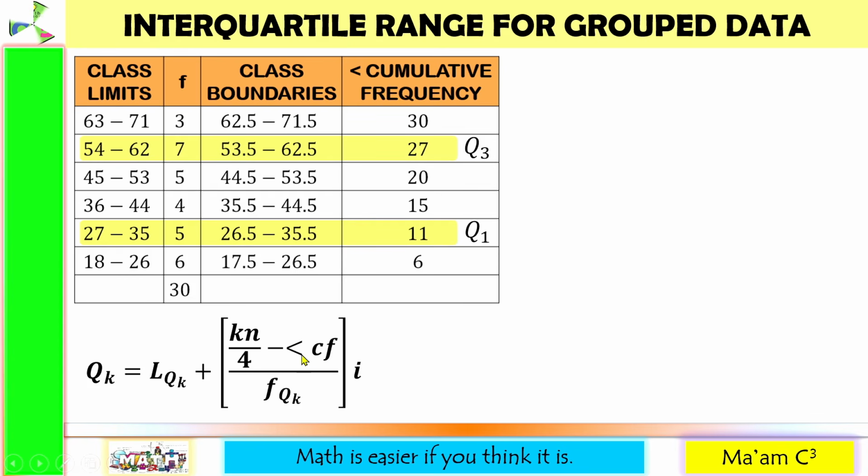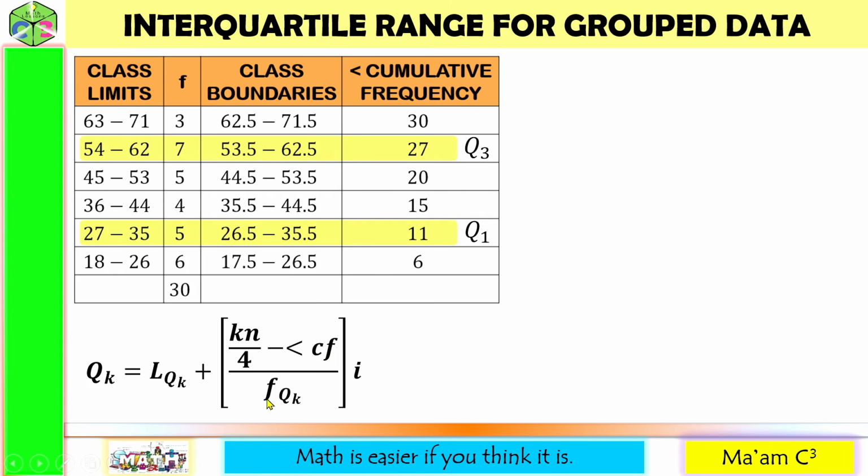The less than cumulative frequency is that of the class previous to the quartile class. So if this is the first quartile class, the less than cumulative frequency previous to it is 6. So we're going to substitute 6 for the less than cumulative frequency here.